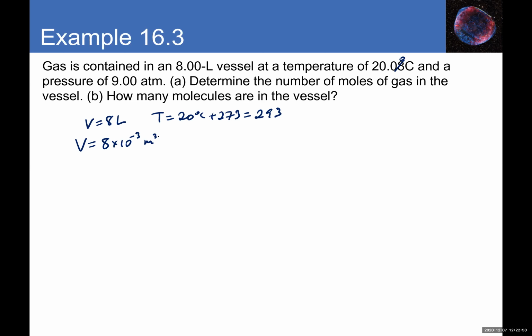And pressure then is 9 atm. If I need to, I can also convert this into Pascal, where 1 atm is 1.013 times 10 to the 5 Pascal.